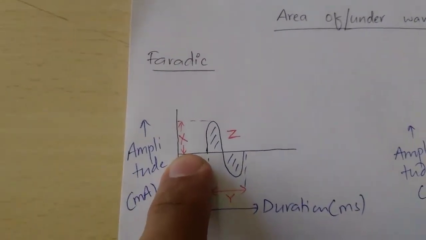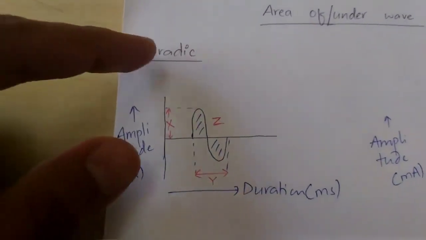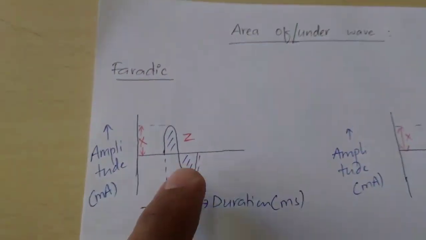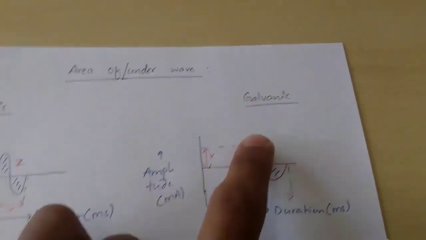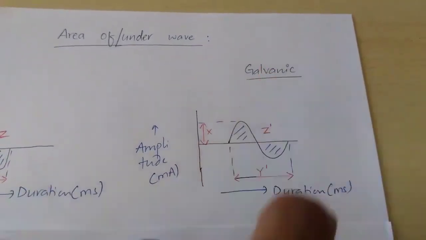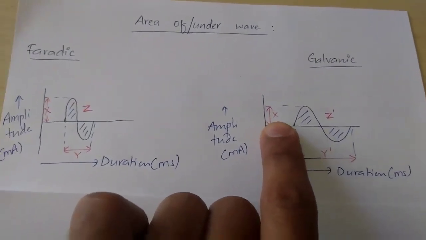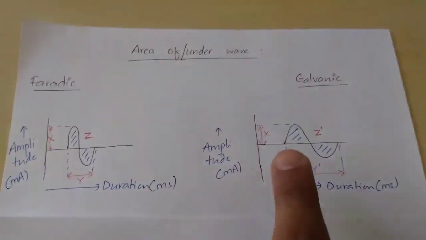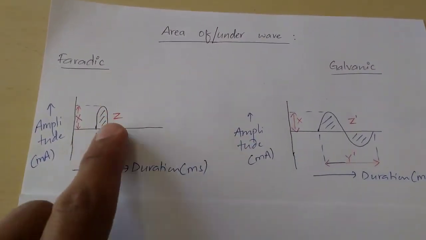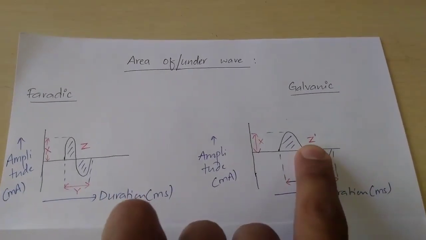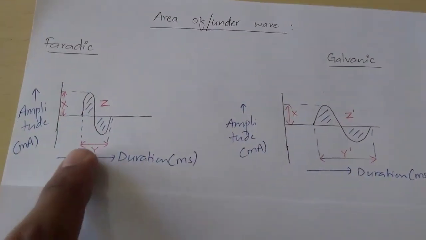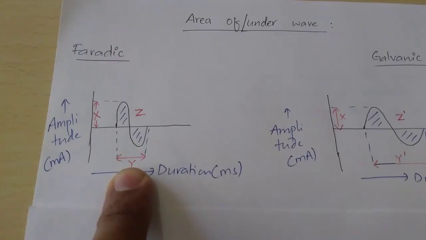Now for the same current intensity X, if we are using Faradic current, Z is the area under the curve and Z dash is the area under the curve in case of galvanic current. If we are using the same intensity X milliampere, Z will not be equal to Z dash. It is because of the difference in pulse duration.